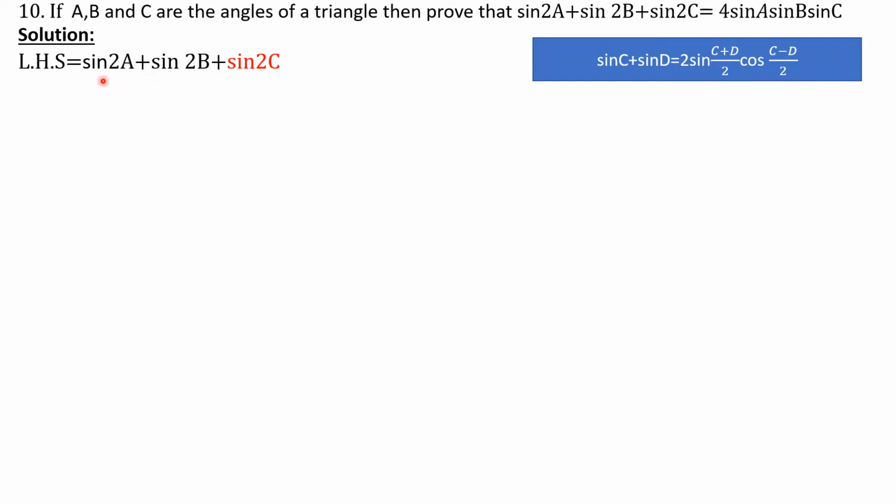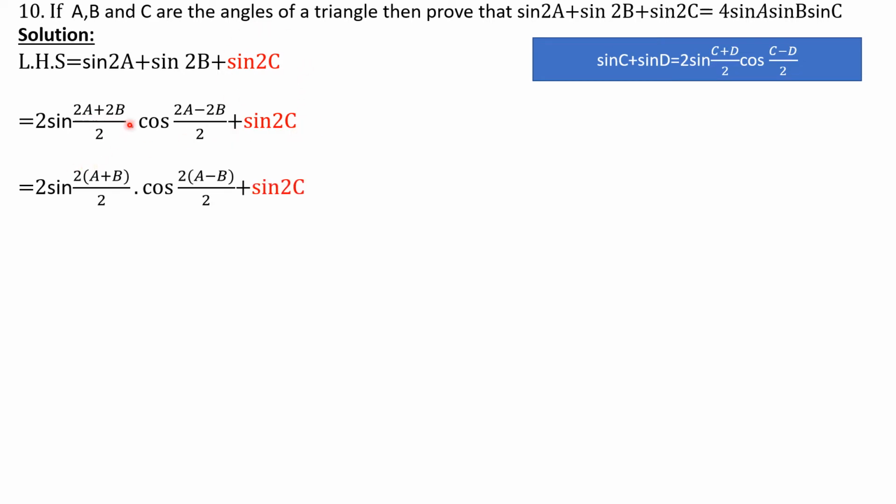We can say this as sin C plus sin D. So it is 2 sin (C plus D)/2 into cos (C minus D)/2 plus sin 2C as it is. Then we will take 2 and 2 common from here. Similarly, 2 and 2 common from here. This 2 and this 2 can be cancelled. So we have cancelled that 2.